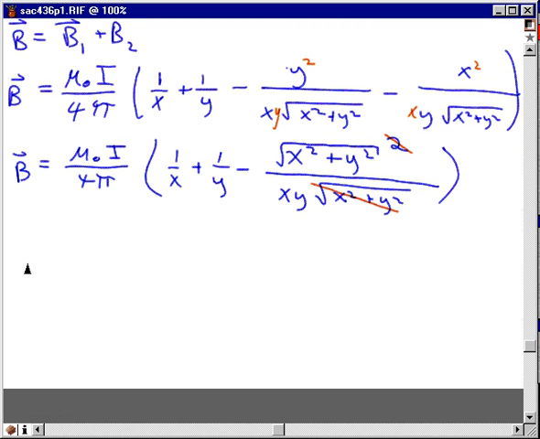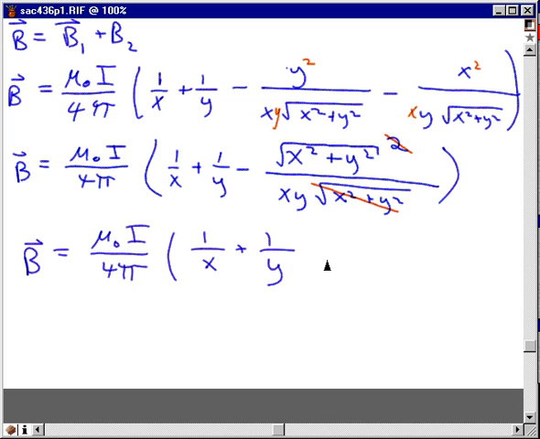And express the final answer, somewhat simplified, as mu 0 I over 4 pi times 1 over x plus 1 over y minus the square root of x squared plus y squared all over xy.